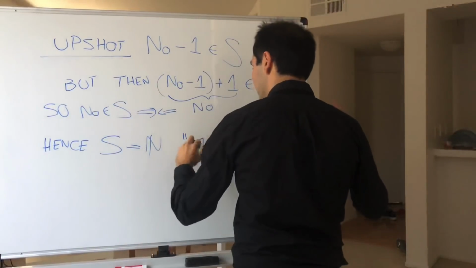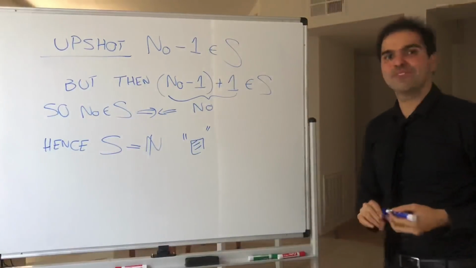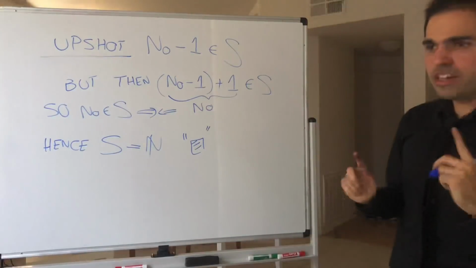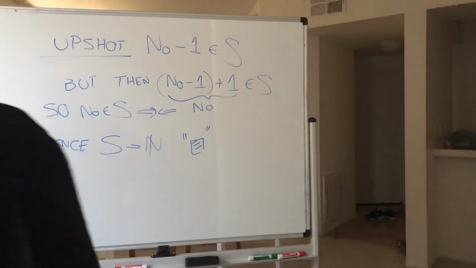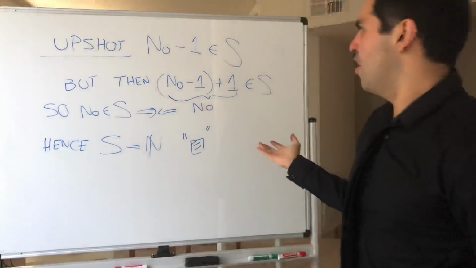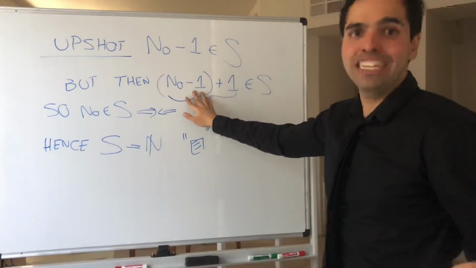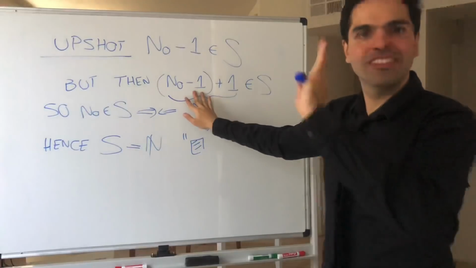Well, ironic proof. Okay. I know it looks like a legit proof, but let me tell you why it is not, because of two reasons. So first of all, what does N naught minus 1 even mean? We know that every number has a successor.